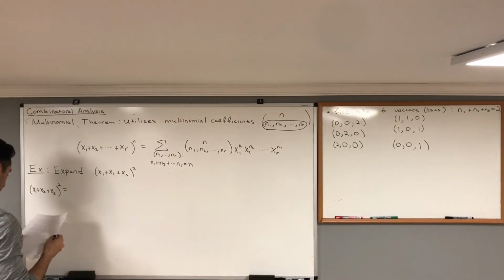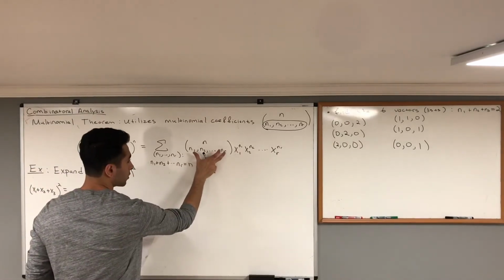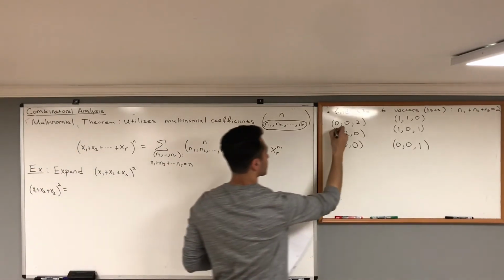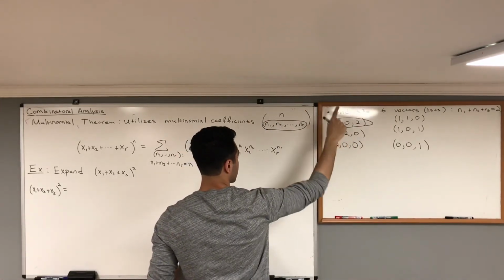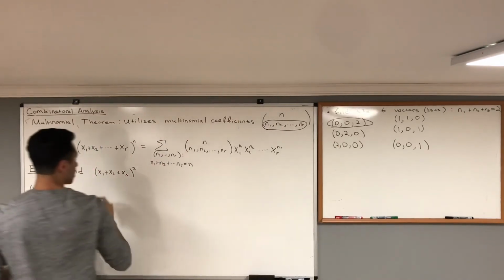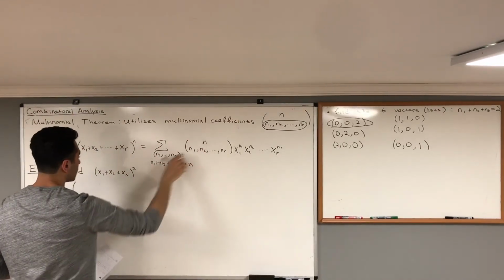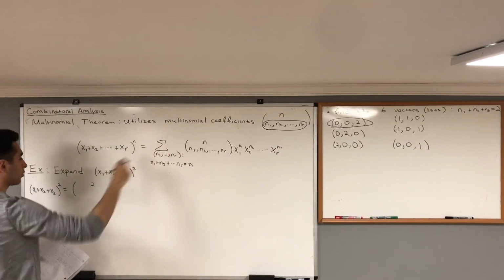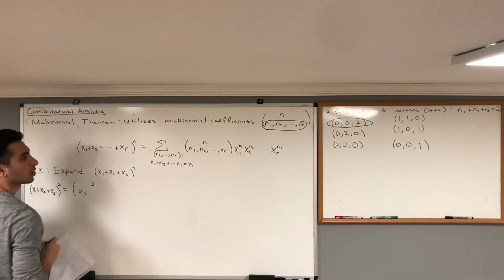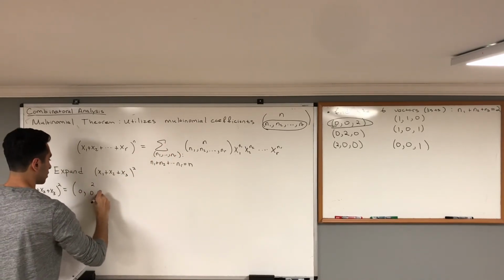So, what does it equal? Well, first we have to sum over the first list. So let's do this first, where n1 equals 0, n2 equals 0, and n3 equals 2. Okay, so n choose, well, what is our n? N is 2. It always stays the same. And n1 is 0, n2 is 0, and n3 is 2.